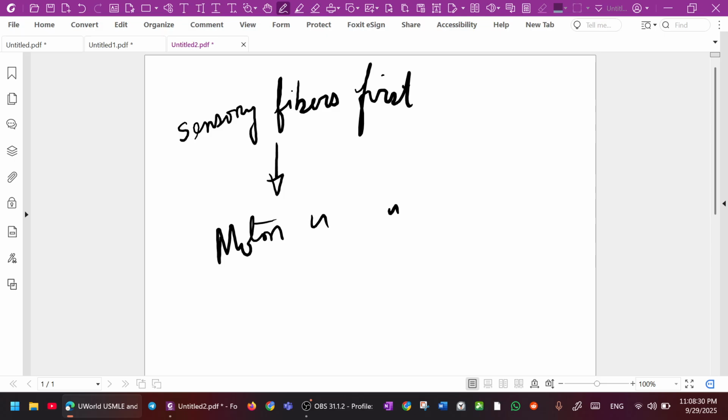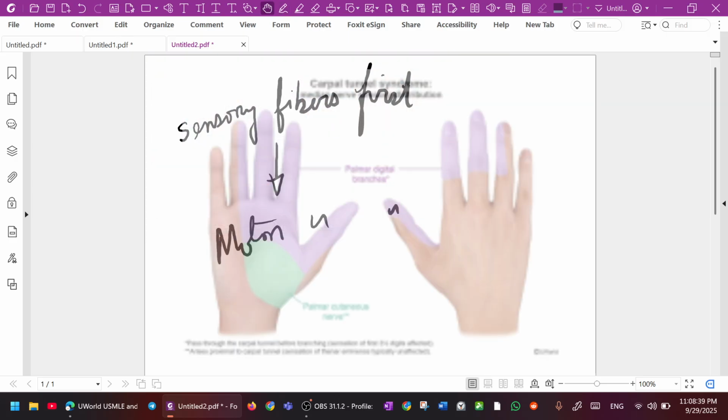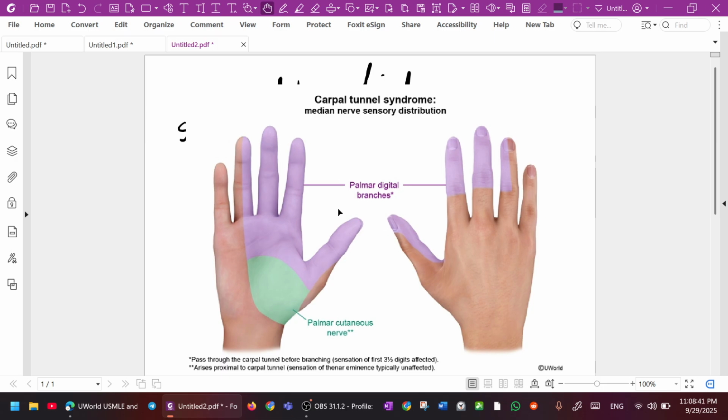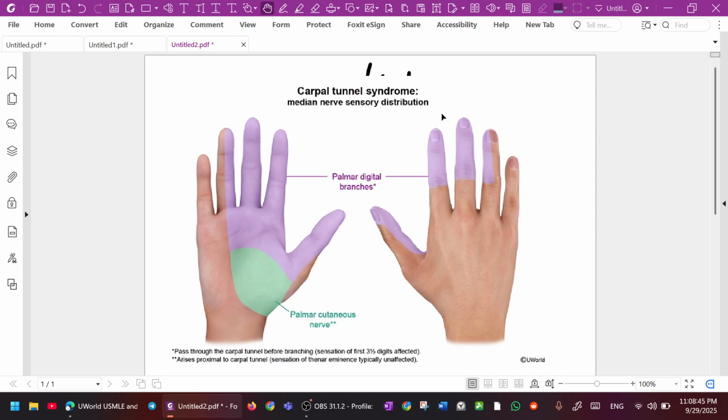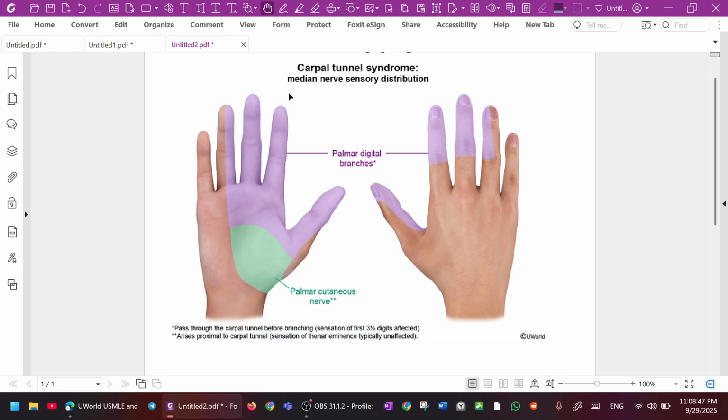If we look at this picture, this is the carpal tunnel syndrome median nerve sensory distribution.